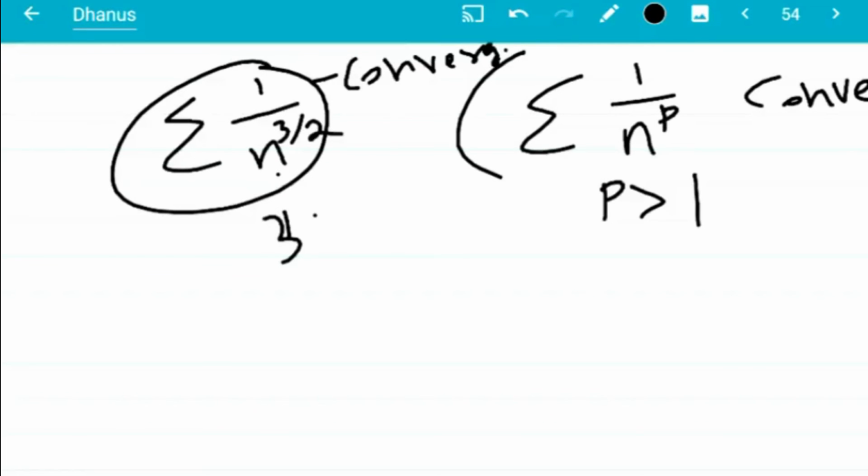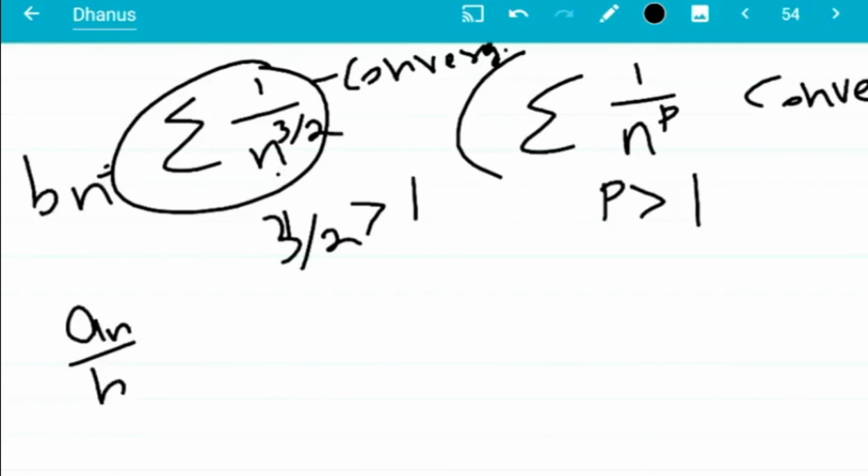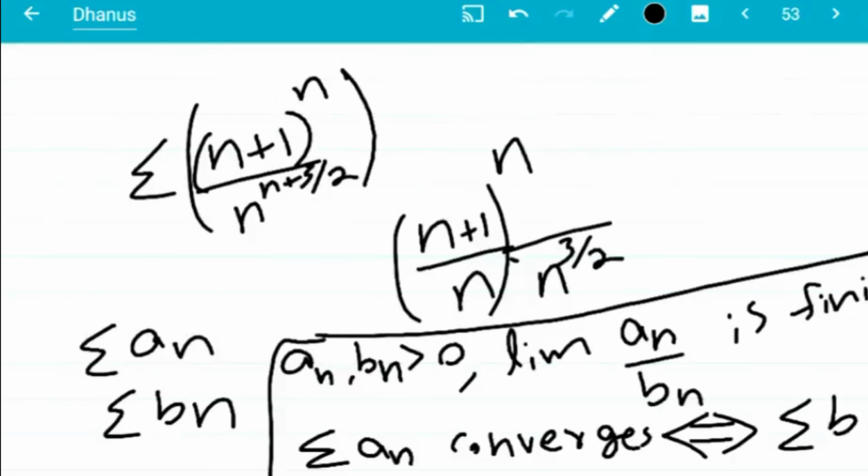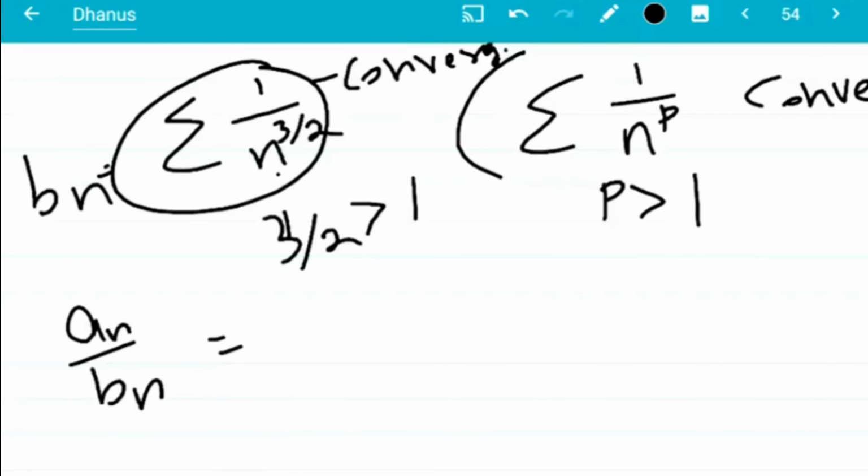Now I am taking this to be my Bn, and all the terms of this sequence are positive, and this Bn also has all positive terms.